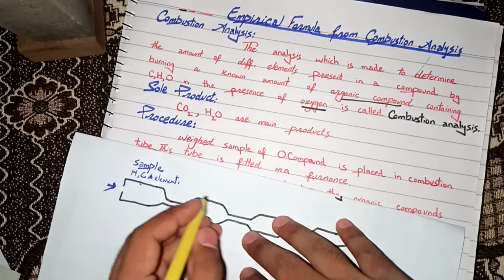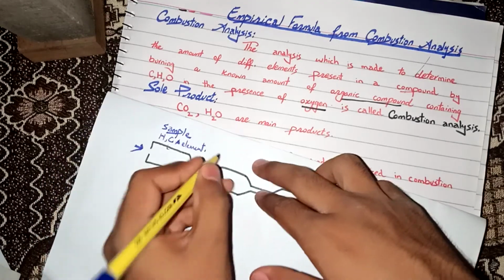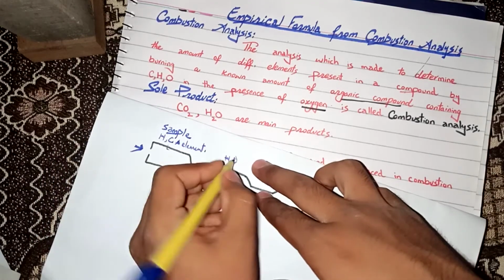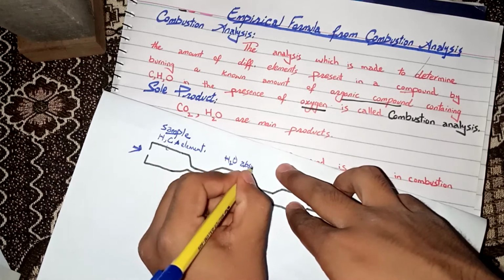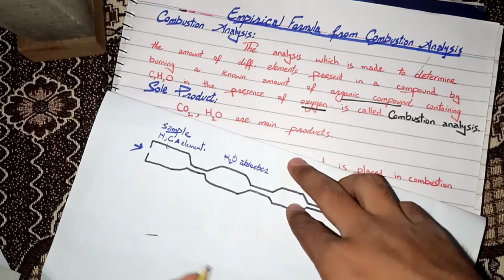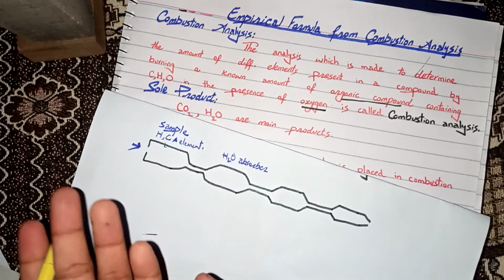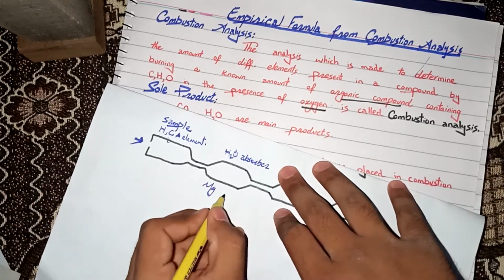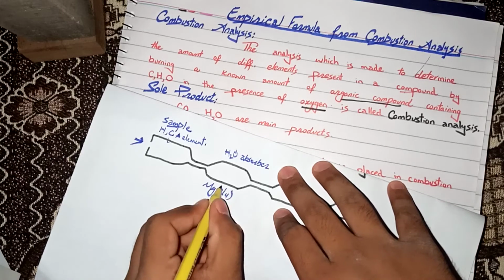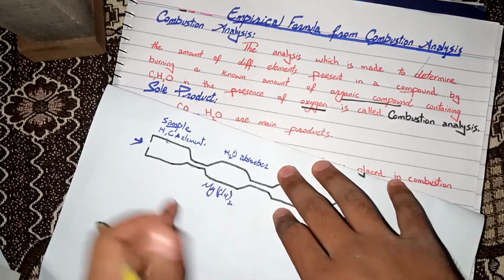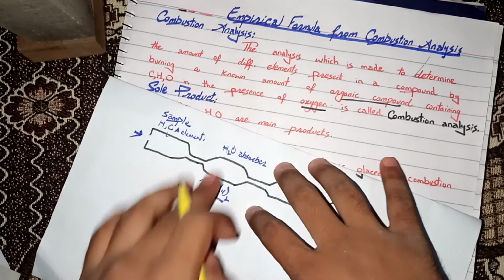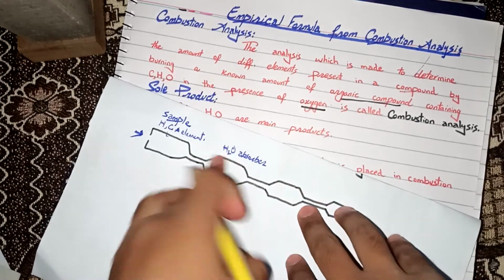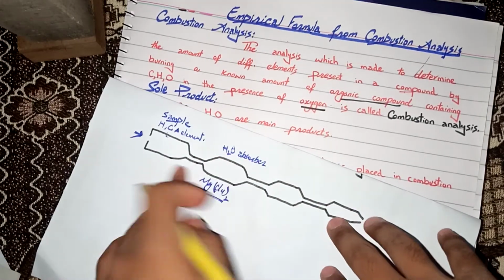In the second chamber there is a water absorber. How is water absorbed? By magnesium perchlorate, Mg(ClO4)2, the water molecules are absorbed in this chamber.